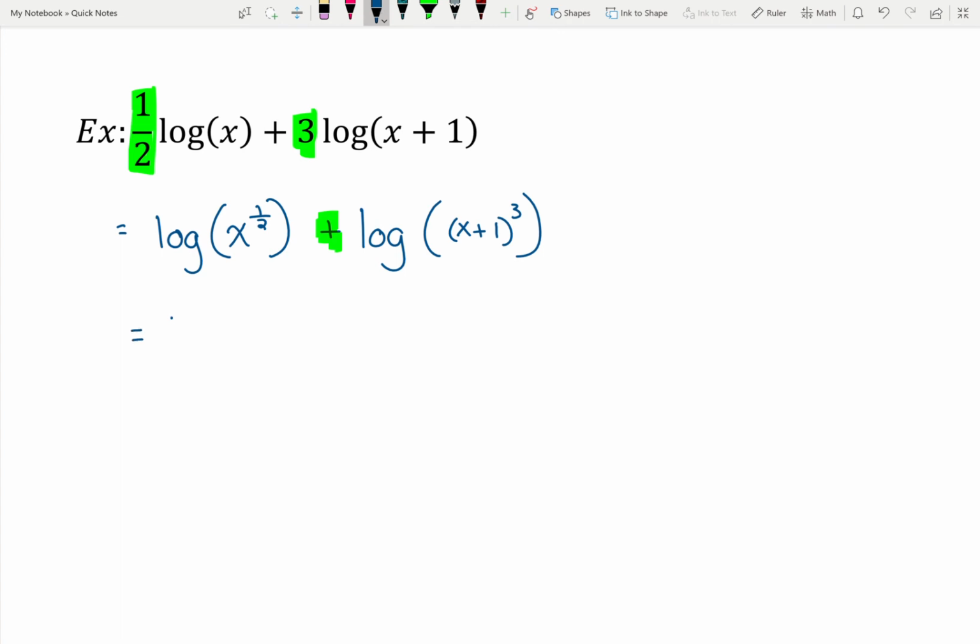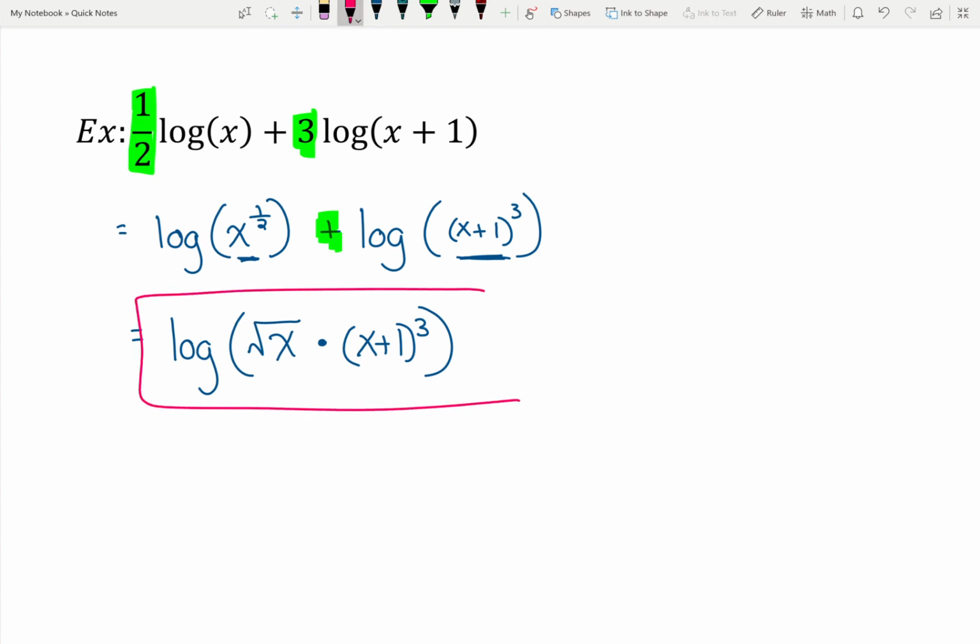I'm going to say log of the square root of x times, so remember the product rule broke these two apart into addition, but now I'm just bringing them back together. So x plus 1 cubed. That's our final answer. And if you don't believe me, why don't you just try the strategy that we just learned above of expansion? You should get back here.